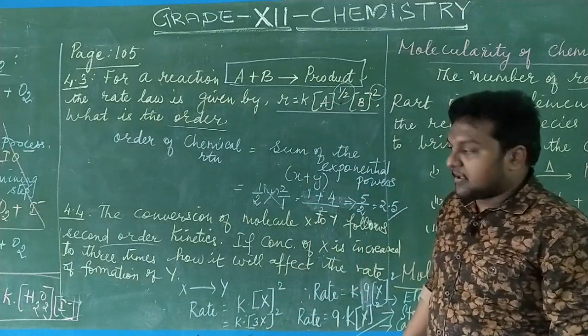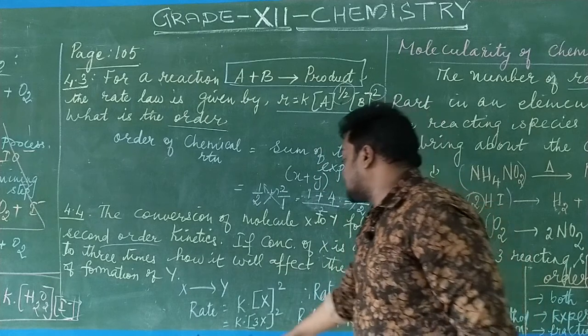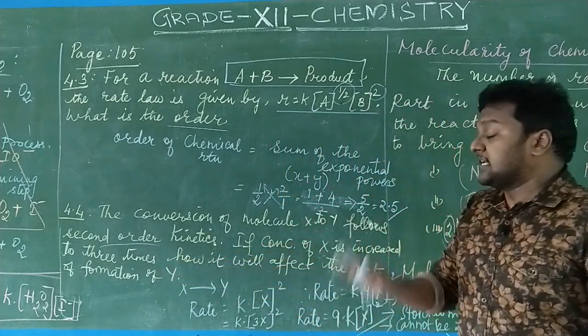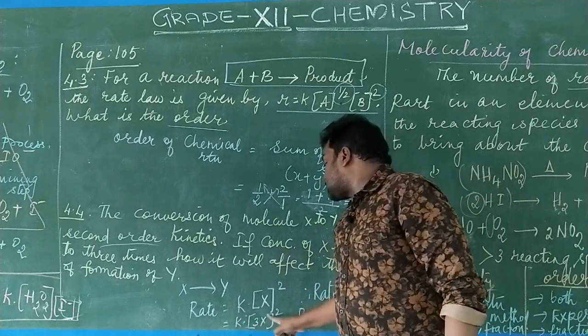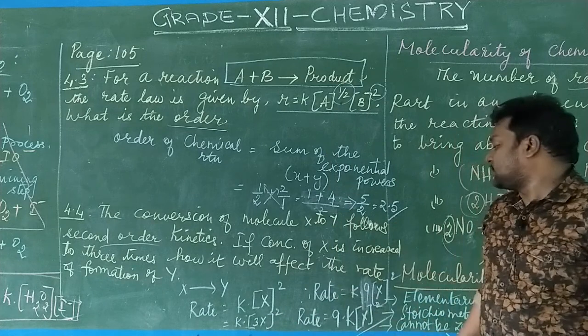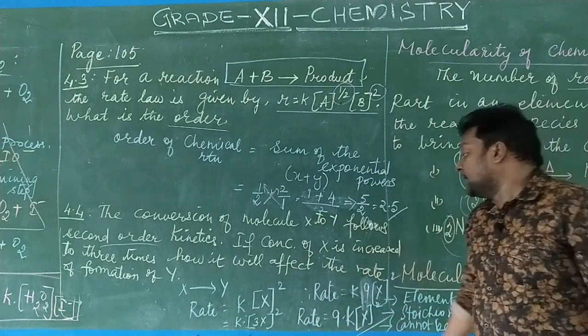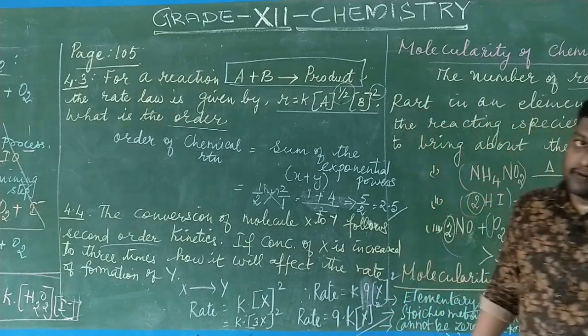Rate of chemical reaction will be equal to K into concentration of X to the power of 2. How many times does it increase? Concentration of X is getting increased 3 times. So therefore K into 3x to the power of 2. So then rate is equal to K into 9, 3 into 3 becomes 9. So 9 into x to the power of 2. So therefore, with only rearrangement, rate is equal to 9 into k x to the power of 2.